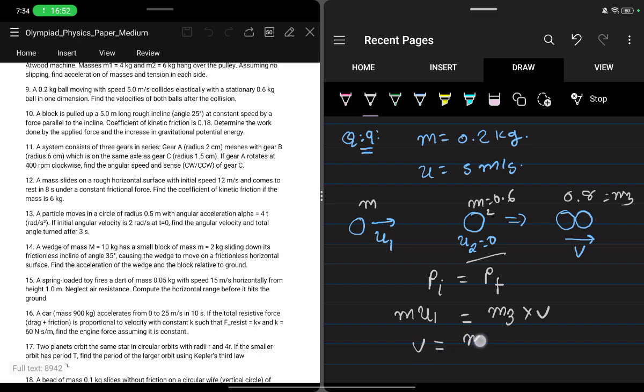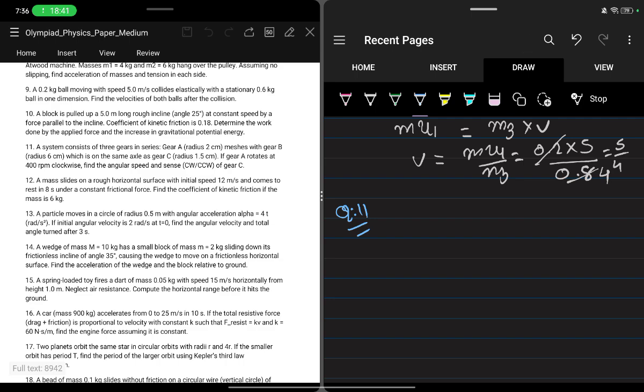It would be m u1 divided by m3, right? m was what? 0.2. u1 was what? 5. And m3 is 0.8. So this is 5 by 4 meter per second. That is your answer. Understood? Easy? Yeah. Tell me the next question.